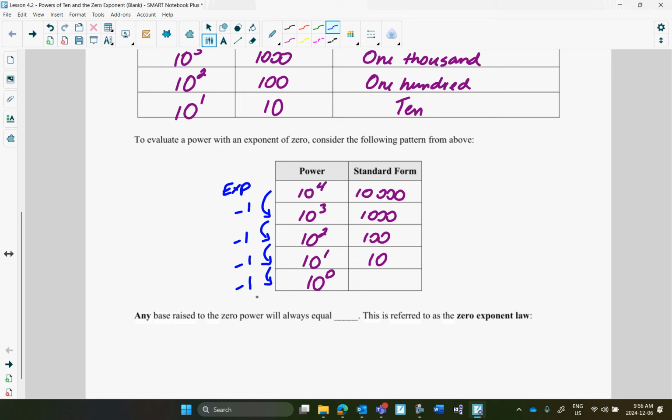What's happening to the numbers here? Yeah, it's 1 less zero every time. Or another way to say that, we're dividing by 10 every time. Dividing by 10 means to take away a 0. So therefore, what would this be?